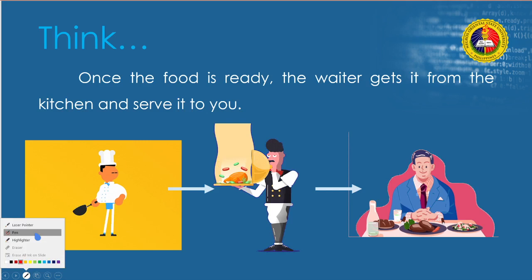The chef prepares the necessary ingredients, cooks your food, and then sends it to you through the waiter. Right? So, is there any direct relationship between the customer, you, and the chef? None. For you to be able to get through the chef, you need a waiter.